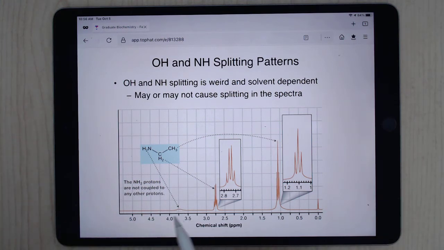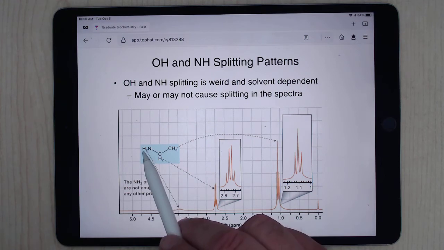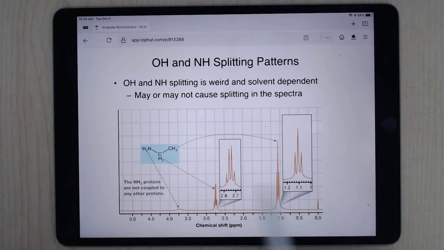You will sometimes get these sorts of low peaks for these NHs, and then these guys don't always get split by it. So this one doesn't really get split because it's not around. Sometimes you see it, sometimes you don't. There's not a good rule of thumb for that, so be aware.